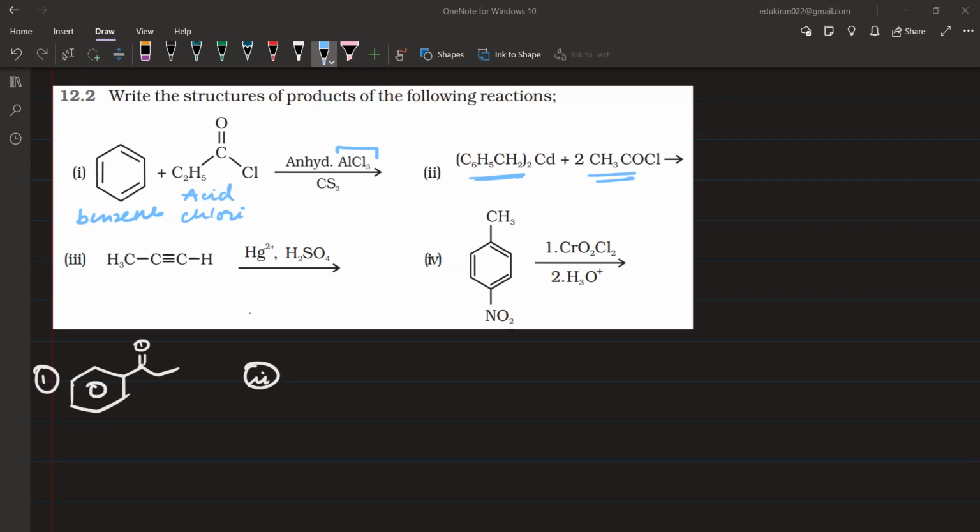Acyl chlorides and dialkyl cadmium. So what is the alkyl group here? It is C6H5CH2. So you'll make C6H5CH2, then you will add C double bond O CH3.